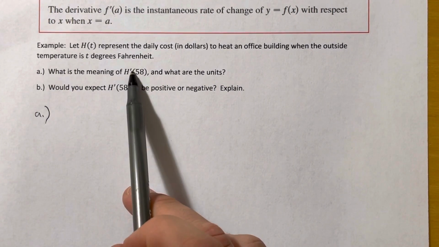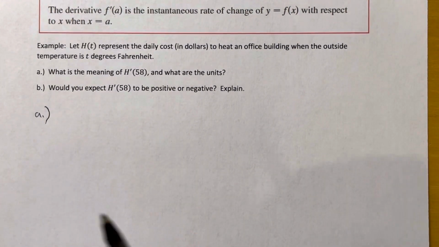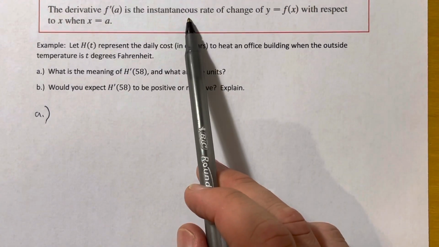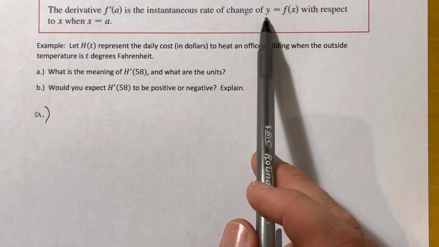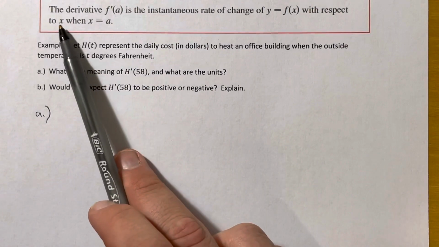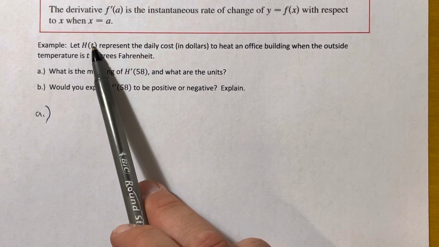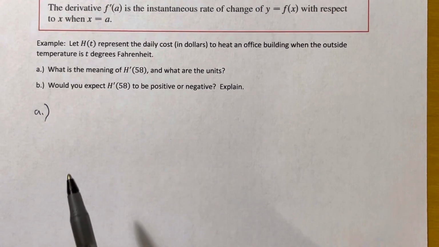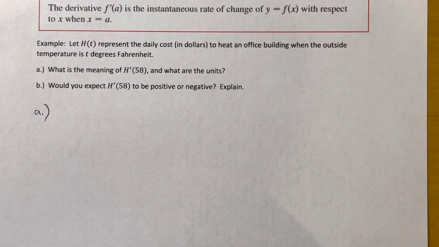But what does h prime mean in relation to h? Well, h prime, or the derivative of h, is the instantaneous rate of change in my original function, h of t, with respect to, here we're calling it x, but here the label for our independent variable is t, with respect to t when t is equal to 58 degrees Fahrenheit. What is that rate of change?